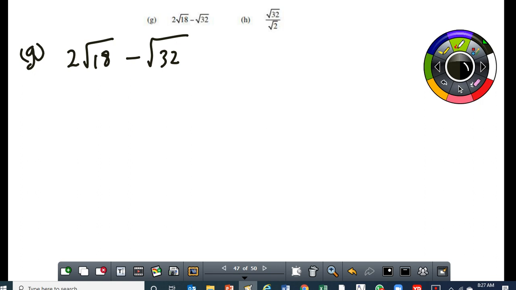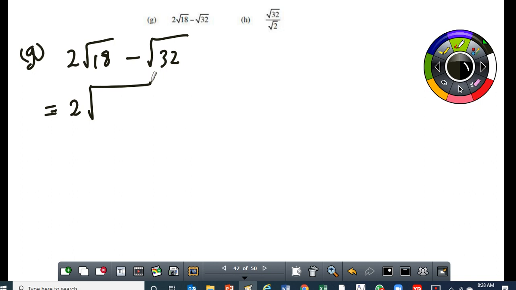So I need to rewrite that 18 and the 32 as products of a prime number and a perfect square. Okay, so I'll write the first one and my 2. Then the 18, you have to know your factors. Remember you were taught factors in the lower grades, grade 7, 8, and so on. Now, those factors that you were taught are extremely important when you are doing a question like this.